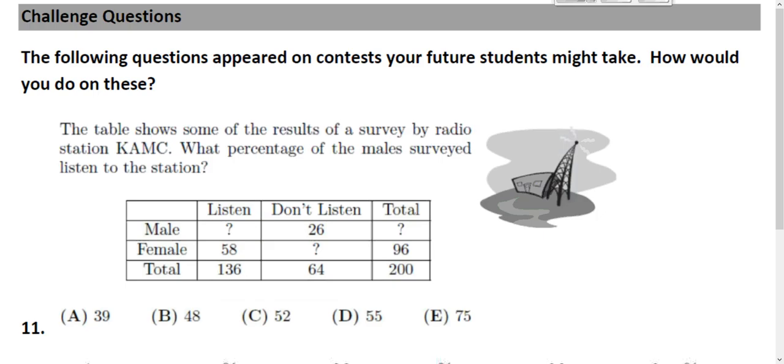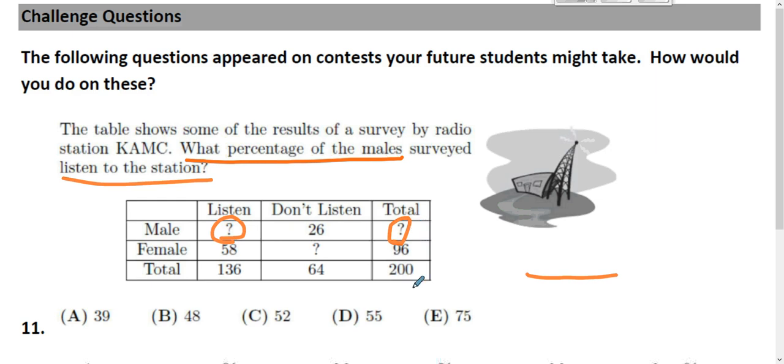A couple of questions off of the American Math Contest for 8th graders on down. It's called the AMC 8 in the vernacular. So you've got a question here asking what percentage of the males surveyed listen to the station. So we would have to have some ratio of males that listen to the station and males overall. Sadly, we don't know either of those. So how could we figure this out?